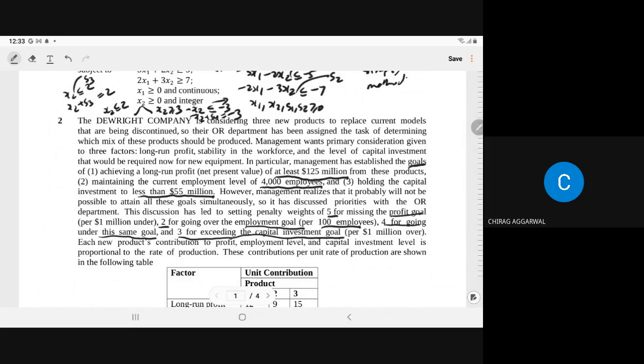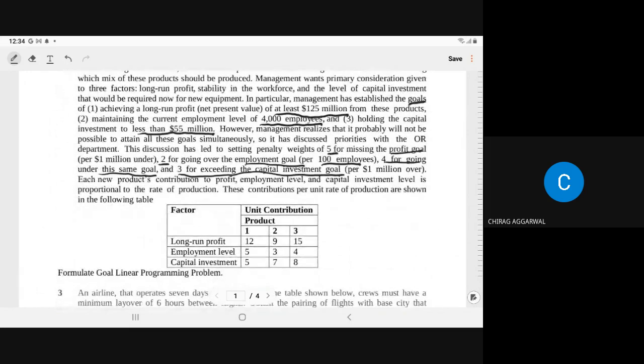Each new product's contribution to profit, employment level, and capital investment level is proportional to its rate of production. These contributions per unit rate of production are shown in the following table.